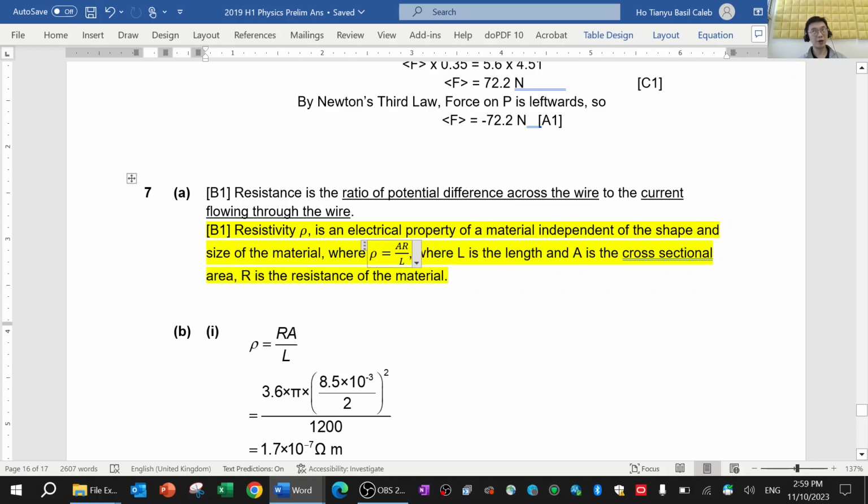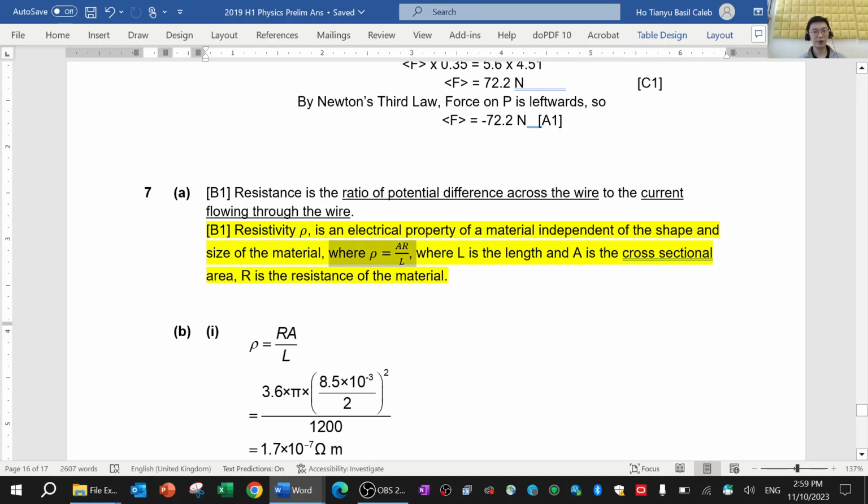I feel that if you want to be even more careful, you can add in the following line if you want to define resistivity. Once you do this, you have distinguished between the two by showing how they relate to each other. Agree? So in this question, it makes more sense to add a little bit more for resistivity.